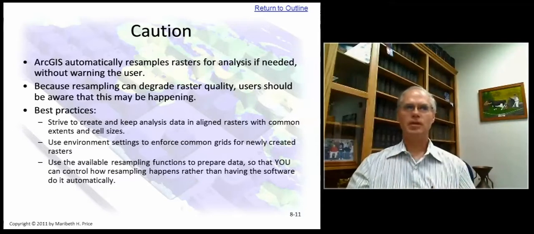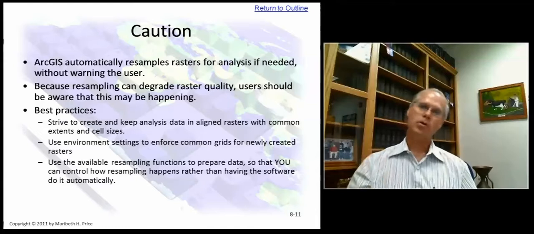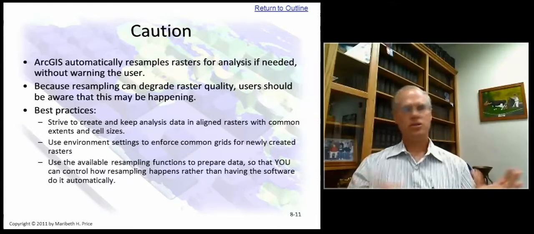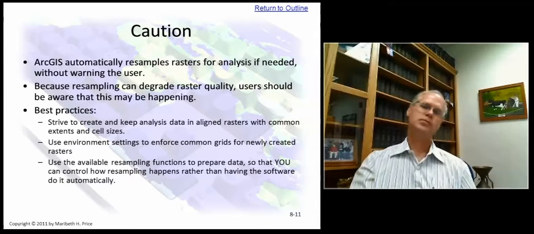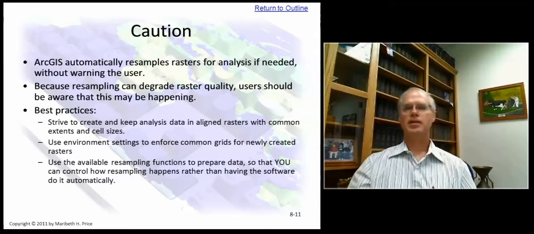In other words, try to get the rasters the same when you create the data. Use your environment settings to enforce some things. We talked about environment settings in our last chapter. Use available resampling functions to prepare your data so that you're controlling it. So you resample before you bring the things together. ArcGIS is going to resample automatically, but if you have control over it, you can decide how you want to resample. So those are some things to keep in mind.